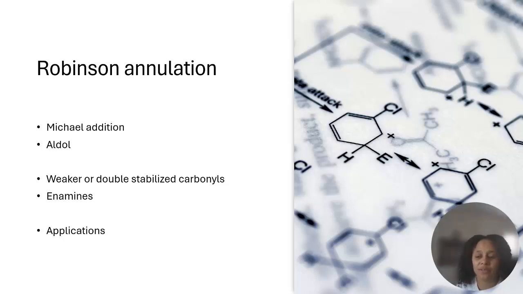Another application of the Robinson annulation is the atom economy. Unless we add something to the mechanism, we're primarily using the same atoms to attack each other, so our atom economy is fairly high. Now, here is where it could lower because of the choice of our starting material. For example, if we start with a ketone, not a double ketone like a dione, but something like a cyclohexanone, then it is going to need to be converted to something weaker like an enamine.